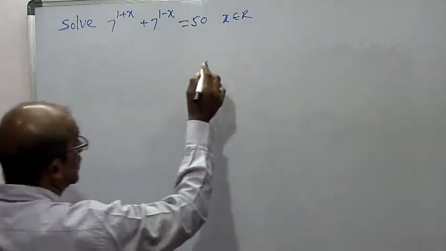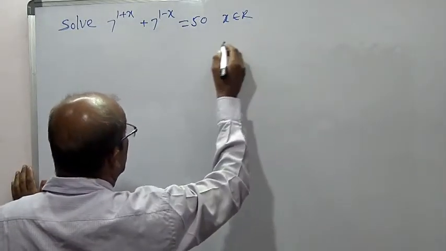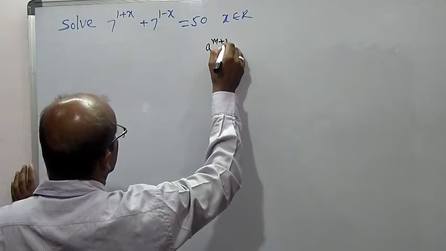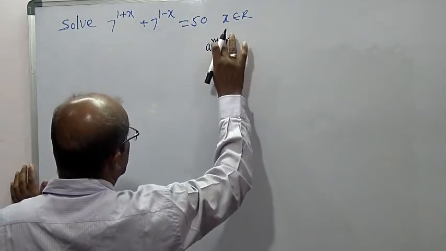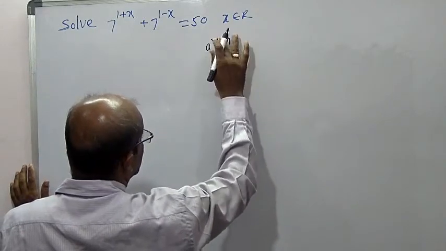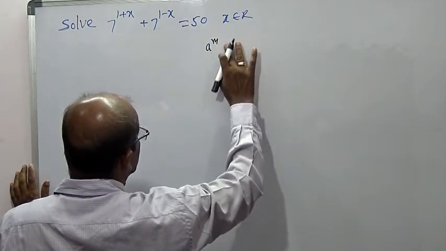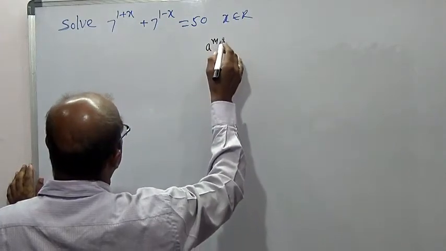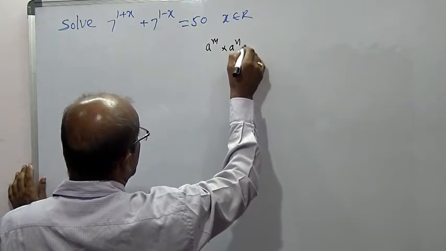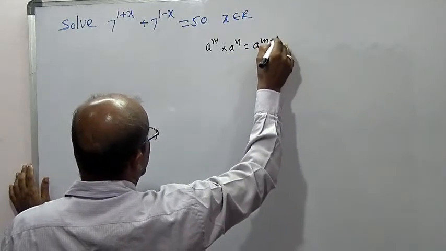Now we know the formulas from the lower classes: a power m into a power n equal to a power m plus n.